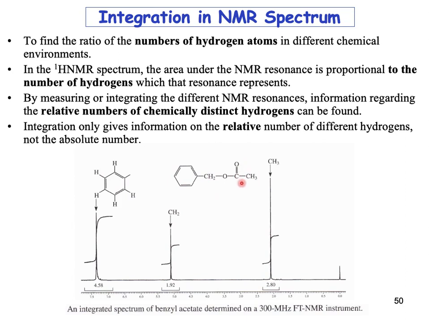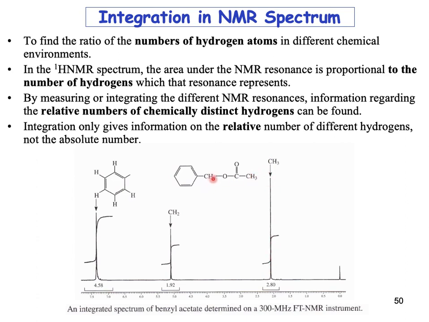In this one, the first one, CH3, has how many protons with the same chemical shift? Only 3 protons have the same chemical shift. So integration tells us 3 protons have the same chemical shift.